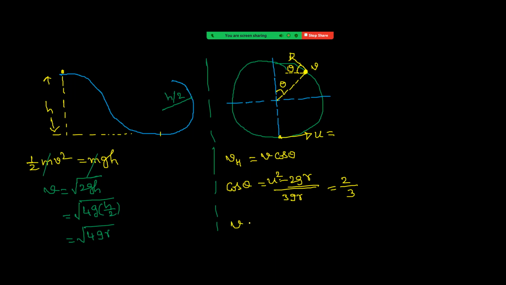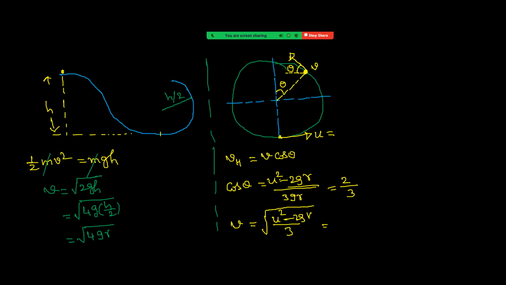And see the v value. For v, what expression did we get? Square root of (u square minus 2gr) upon 3. If you are not remembering this, we have to write the force equation once again, and again write the energy equation and solve those two. So from this, see what we get for v.